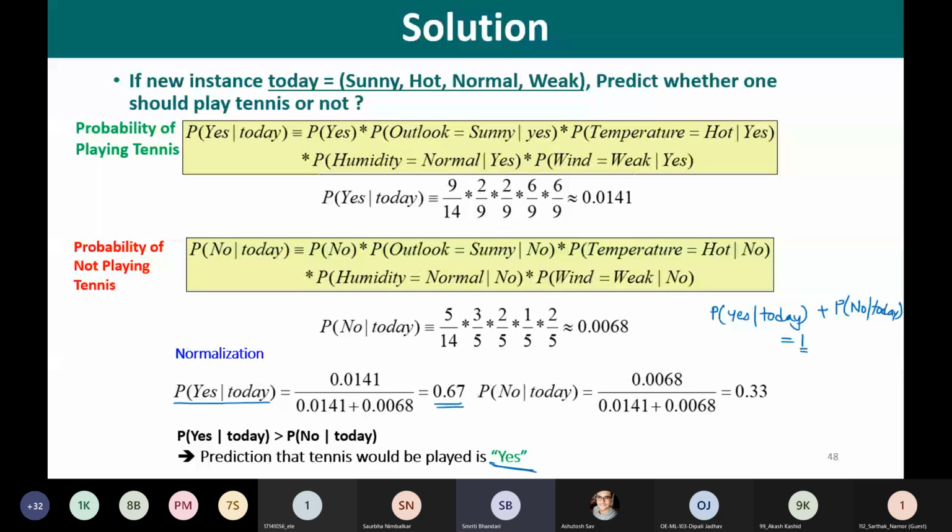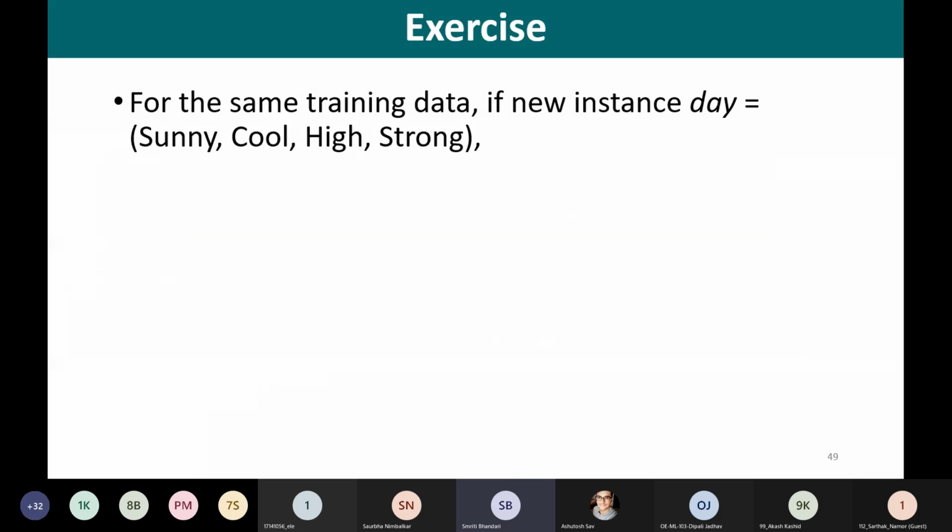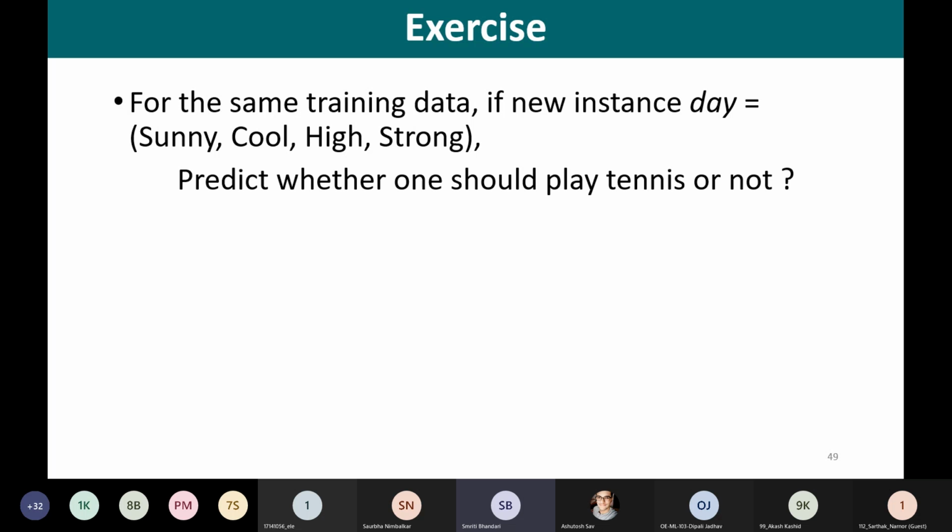Now, let me give you an exercise based on the same data. Please take down: for the same training data, if the new instance day is sunny, cool, high, strong, whether one should play tennis or not.